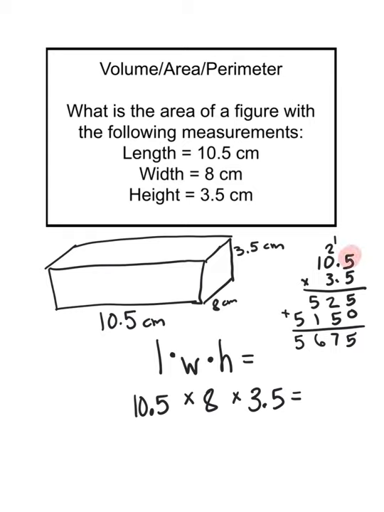I've got one place value position here. I've got another one here. So for each digit that I have to the right of my decimal point, I have to have a matching digit to the right of my decimal point in my answer. So that gives me 56 and 75 hundredths. Then I have to take that number and multiply it by 8. 56 and 75 hundredths times 8.